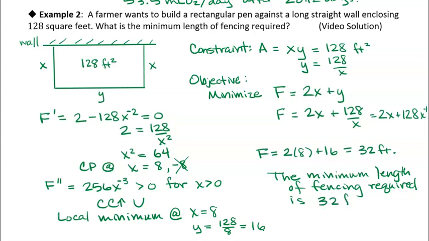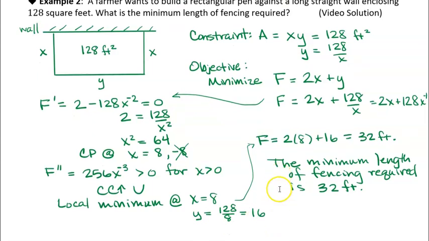Now my work kind of goes all over the place here. I found the formula, I took the derivative, and then I had to come back up here, so my work is a little all over the place, but that's my final answer: the minimum length of fencing required is 32 feet.